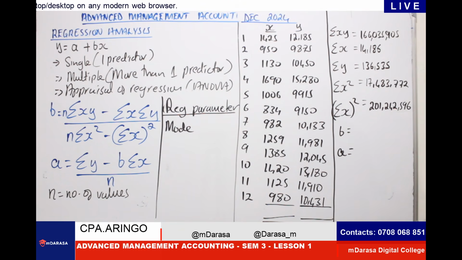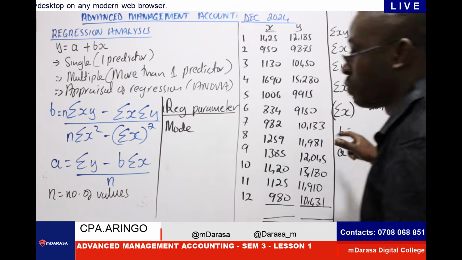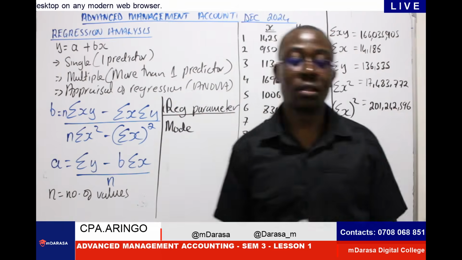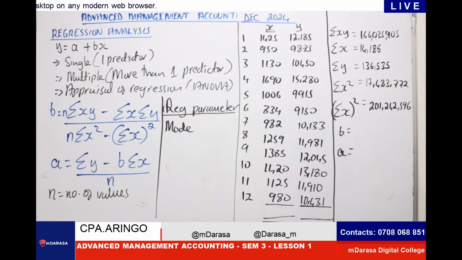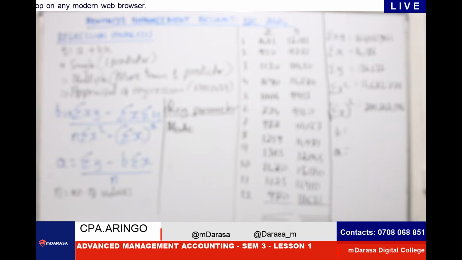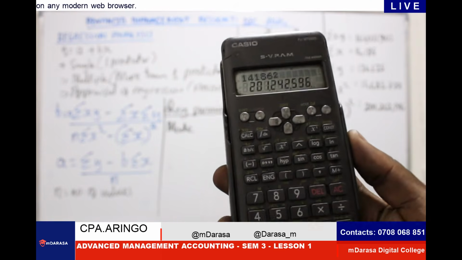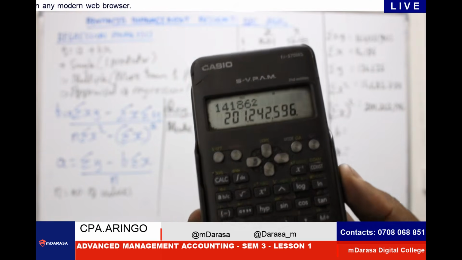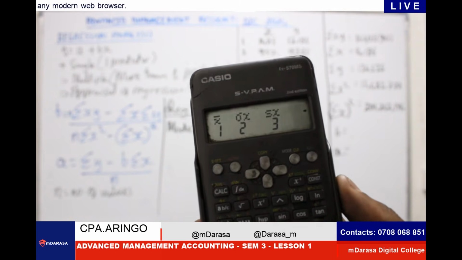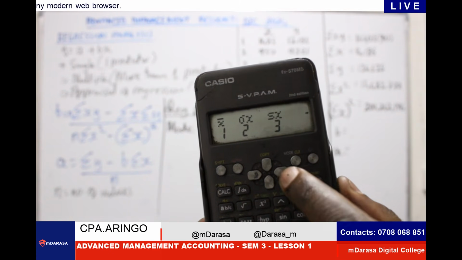So once that has been achieved, the next element is to determine the values of a and b. Don't struggle. You just come on your calculator. Now we do shift, then come and click what? Number 2 this time round. Click 2, so that you search where my A and B is.